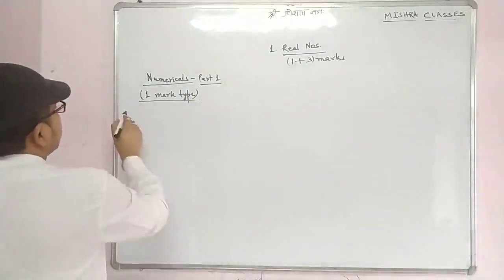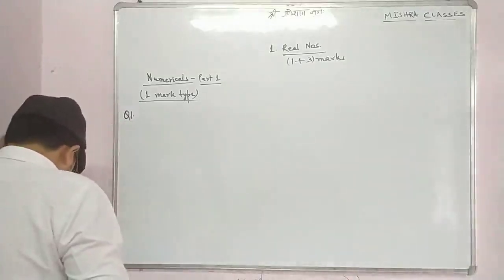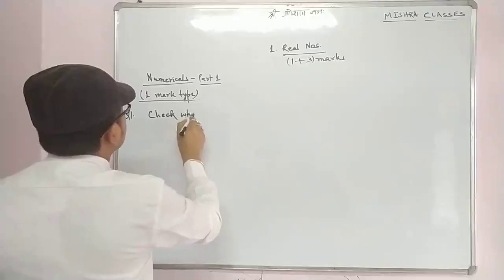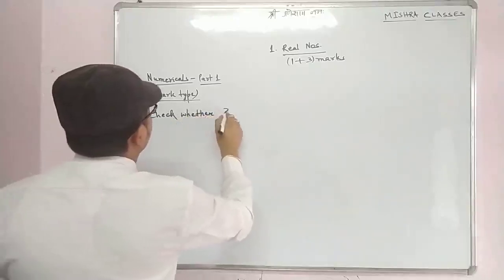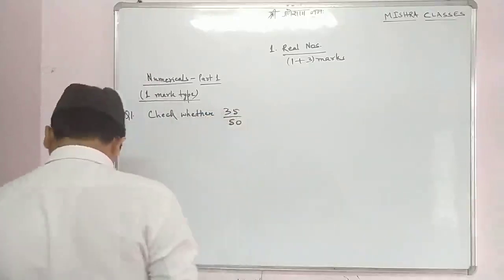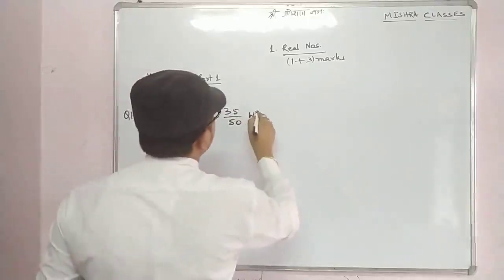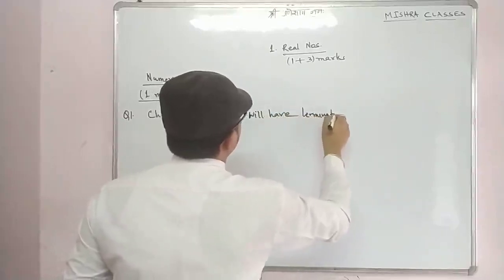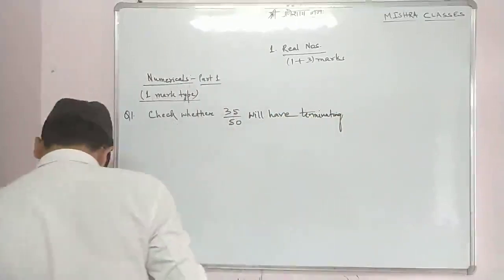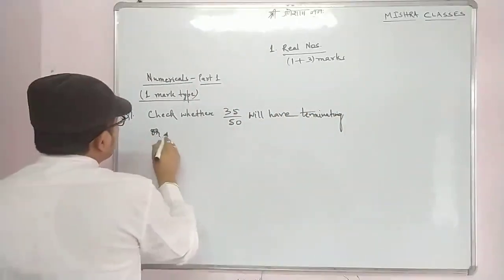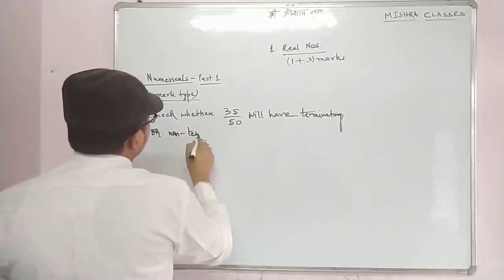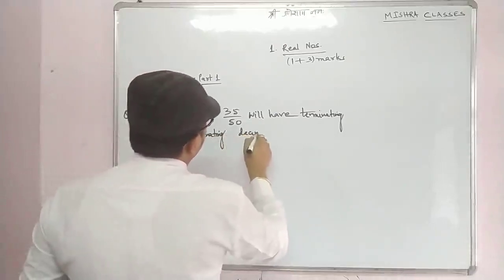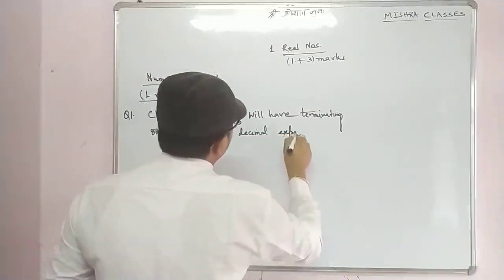Now, question will be like this. Question number 1. Check whether 35 by 50 will have terminating or non-terminating decimal expansion.